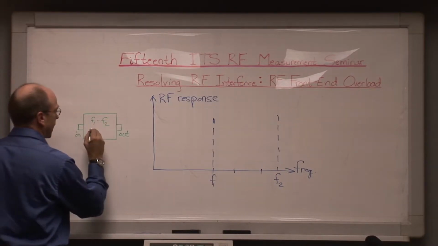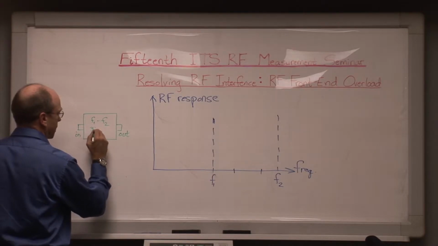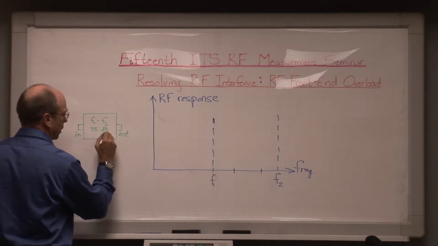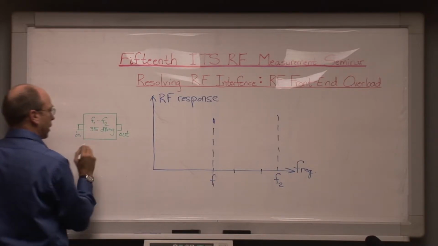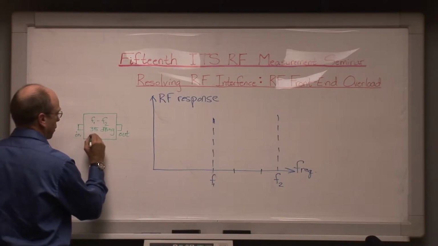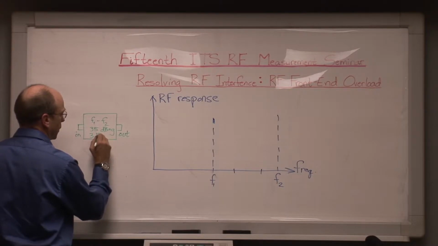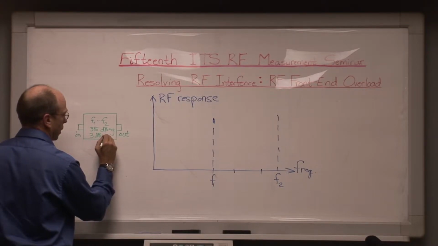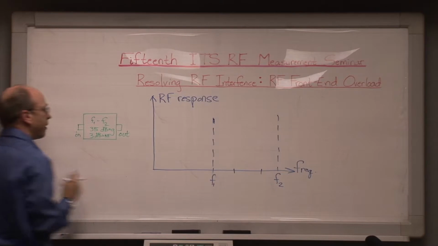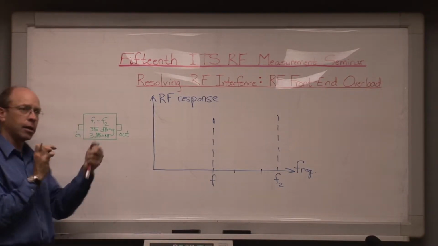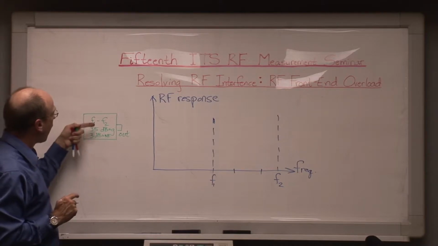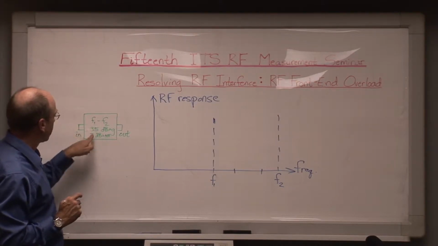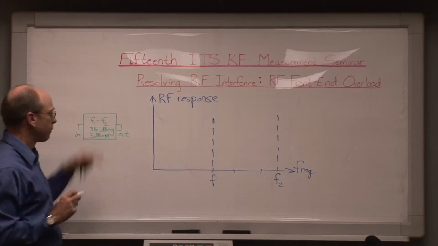It'll also list the gain. It'll probably say, let's say 35 dB gain, and it'll say perhaps 3 dB for noise figure. Now again, these are usually listed in a specialized kind of cryptic code, but you look at this and you say, good, F1 to F2, 35 dB of gain, 3 dB noise figure, great.